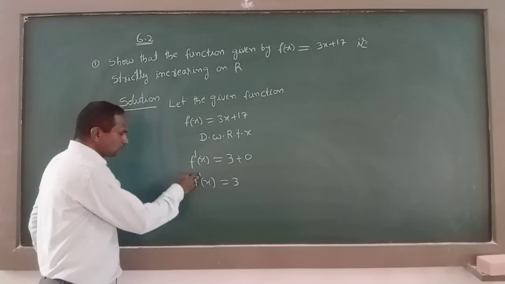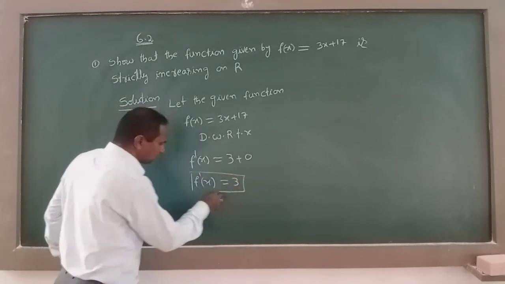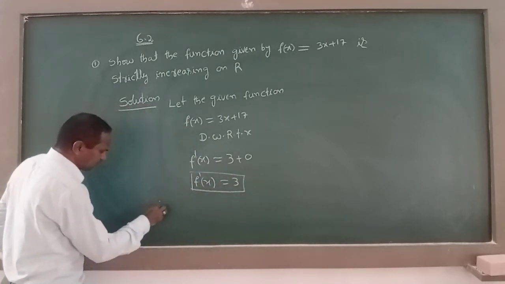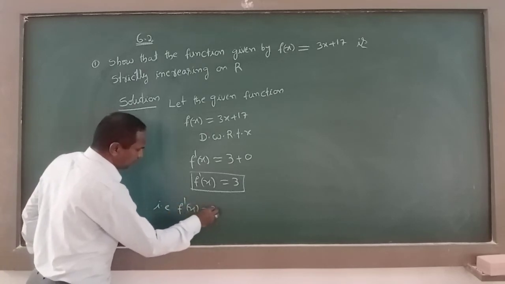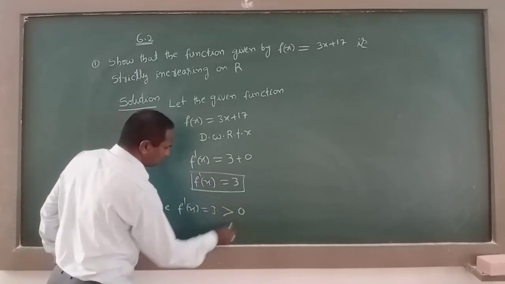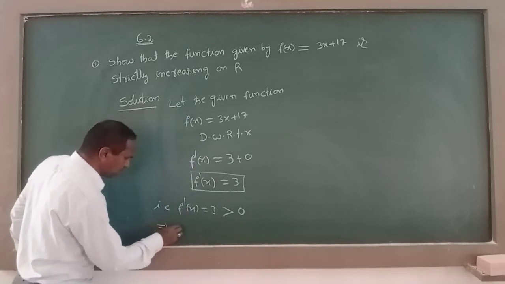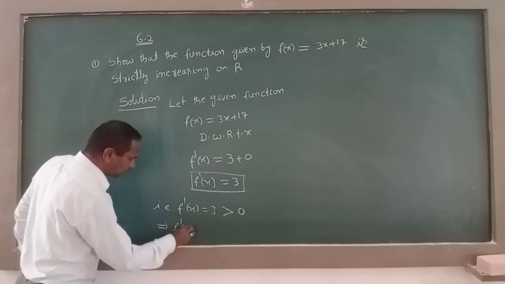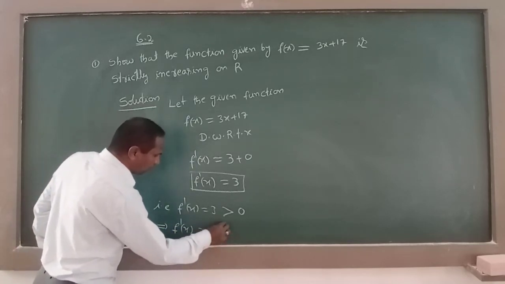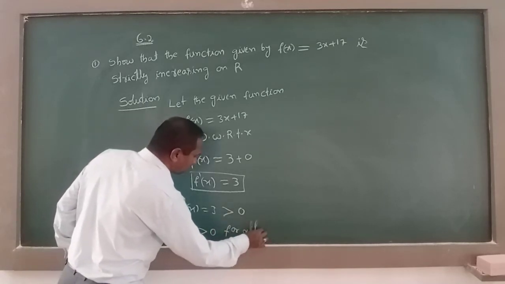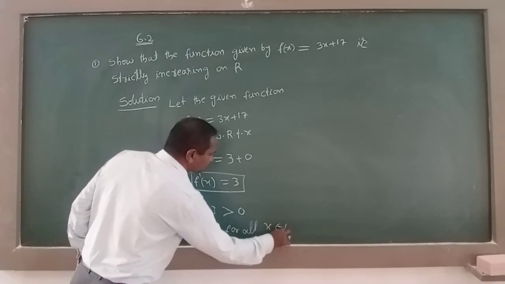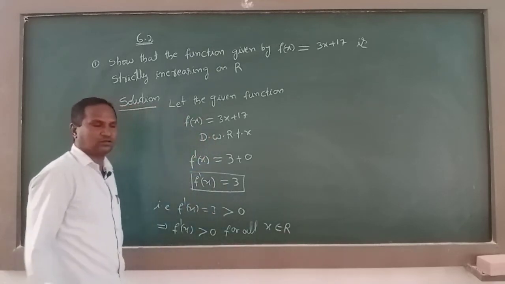That is, f dash of x equal to 3 is always greater than 0, which implies f dash of x greater than 0 for all x belongs to R.